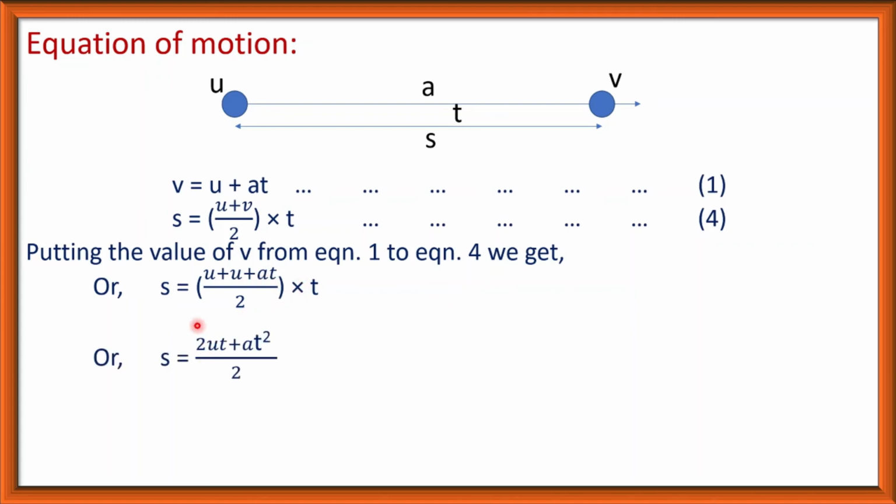This is equal to twice u into t plus a into t into t, at square, divided by 2. So s is equal to ut, 2 cancels, ut plus at square divided by 2, that means half a t square. So s is equal to ut plus half a t square. This is another important equation of motion.